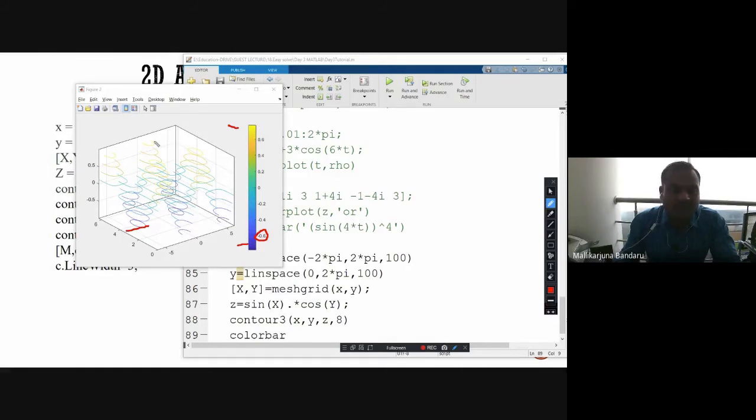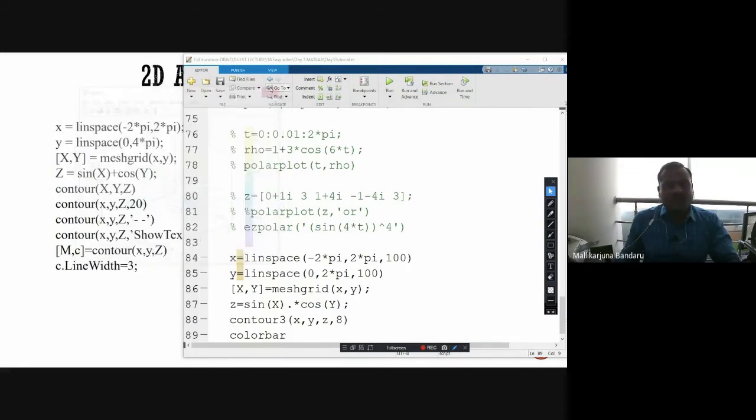So the low value is negative and the higher value is positive. In between, this is 0. Accordingly, you can analyze using the color bar: what color contour line represents what value, three-dimensionally for this case. So this is how you draw 3D contours and 2D contours.